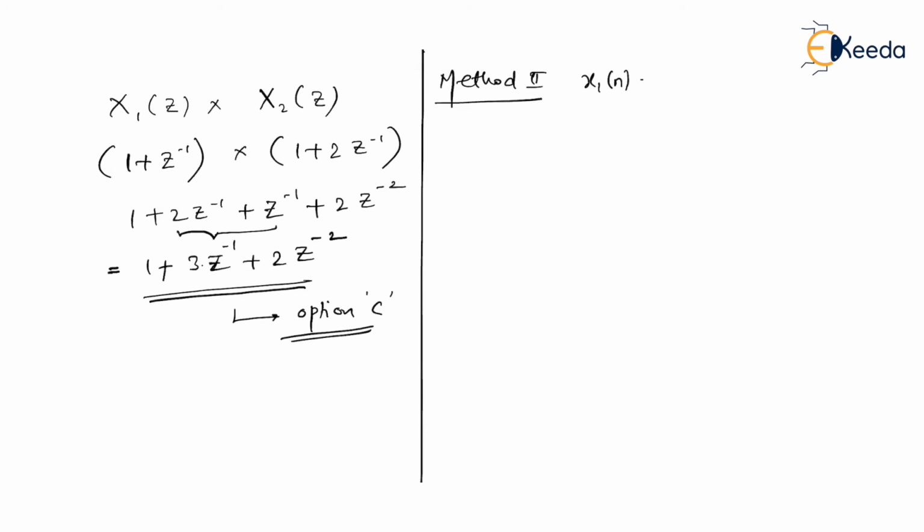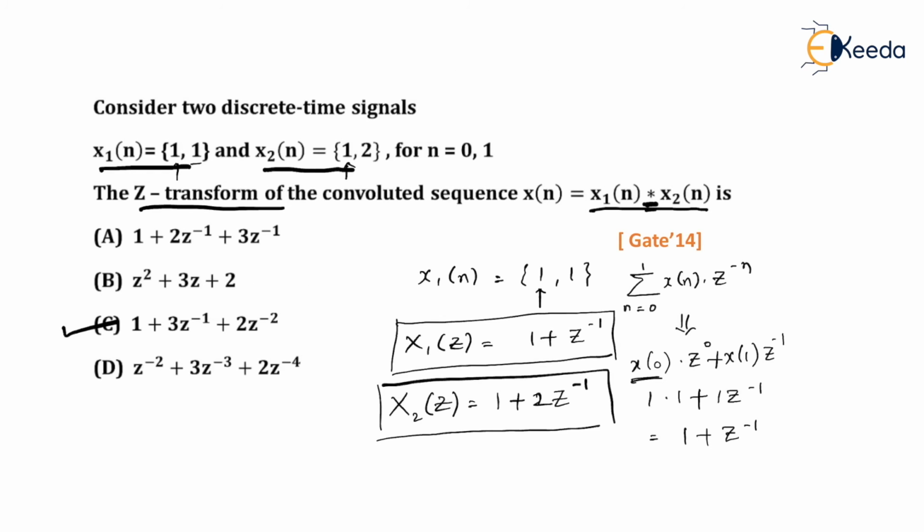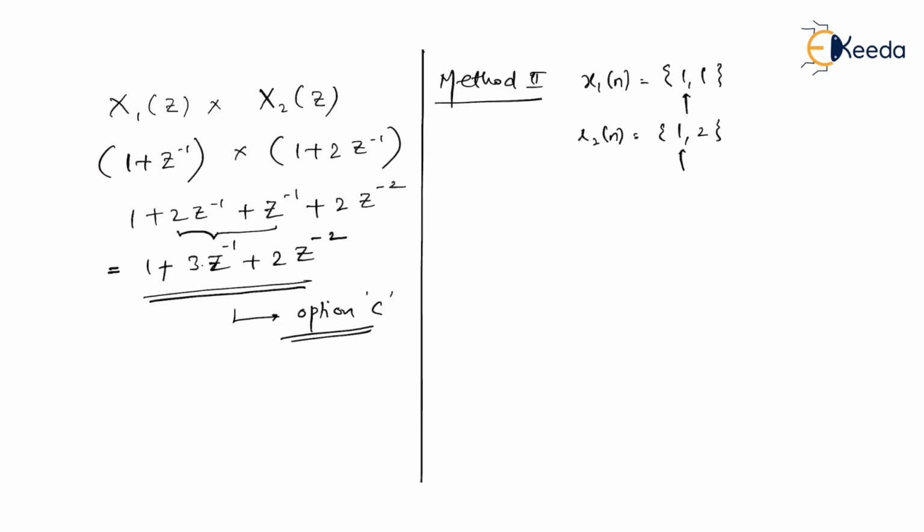So x1(n) is 1 comma 1, and x2(n) is given as 1 comma 2. Let me confirm it. Yes. Let us have convolution. For convolution, we use a table method. So this is for x1(n), and this is what I'm writing for x2(n).